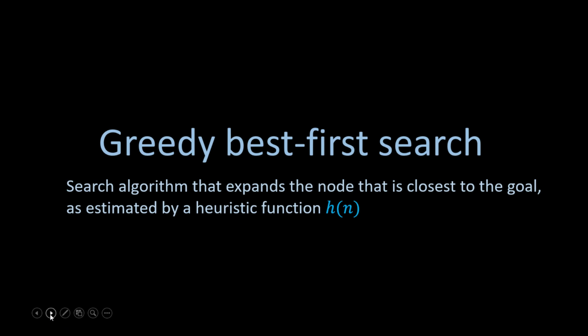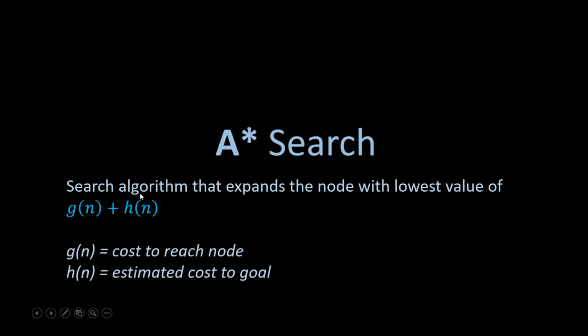What we want to do is add more math, which we do by using A star search, a search algorithm that expands the lowest node with the value of g(n) plus h(n): the cost so far and the estimated cost to go, meaning the number of actions I took to get there and the number of actions I will probably need to get to the goal.